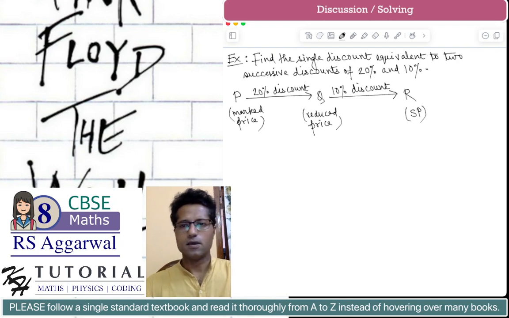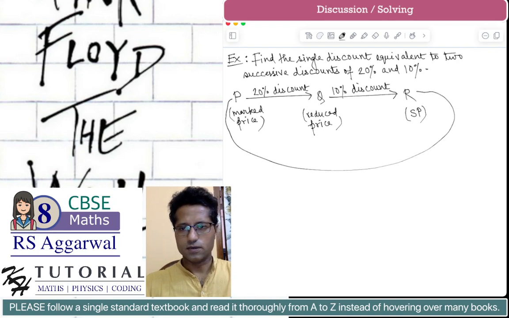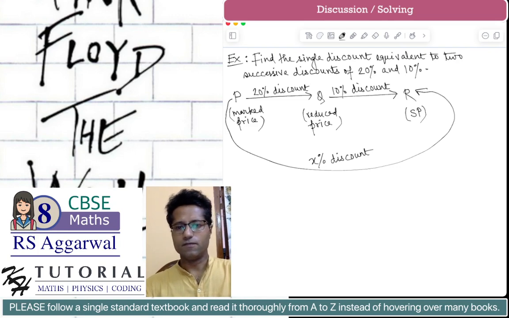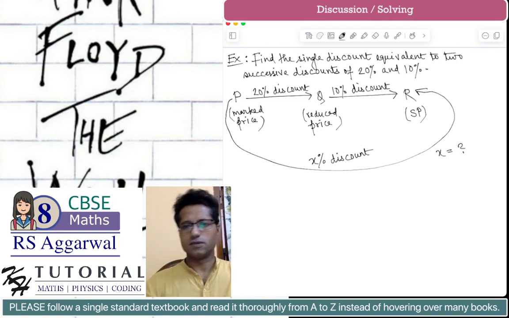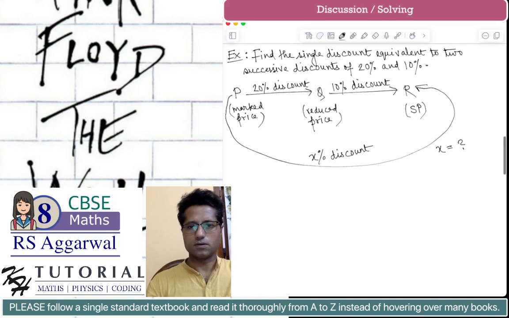It is asking what the single discount would be, which if you apply on P, will give R. That is, if from P you give a single X% discount on the mark price P, it will give the reduced price R. So what will be X? This is what the question is asking. How do we solve this problem?